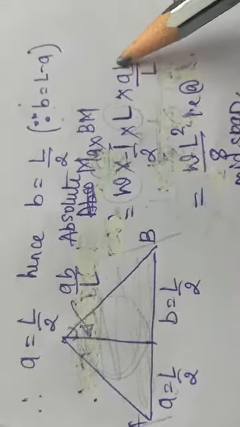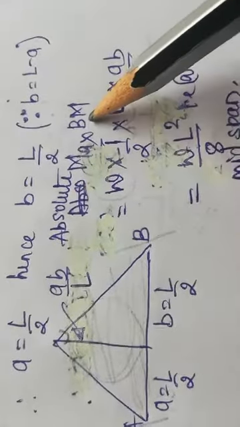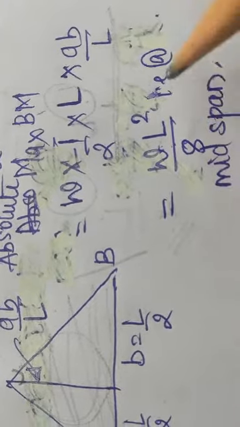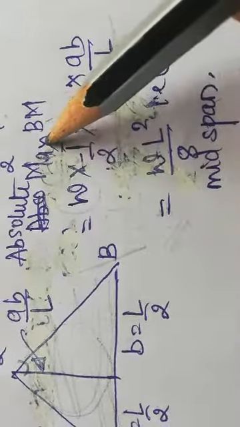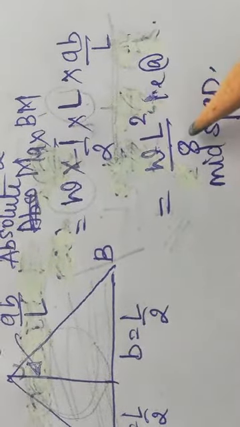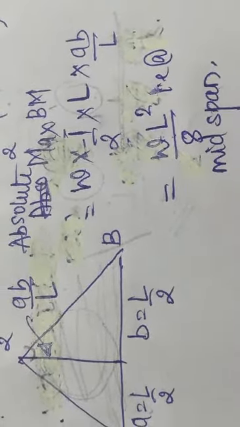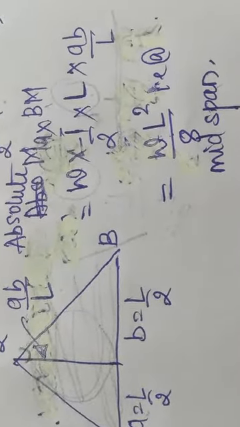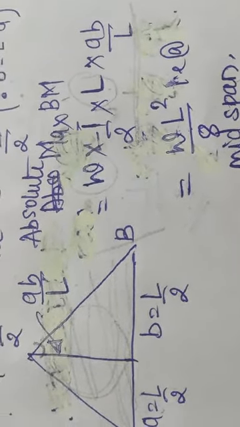Once I do this multiplication, I will get the absolute maximum bending moment equal to WL square by 8, that is at the mid span. So this is the value of your absolute maximum bending moment. This value is for when the UDL is larger than the given span.